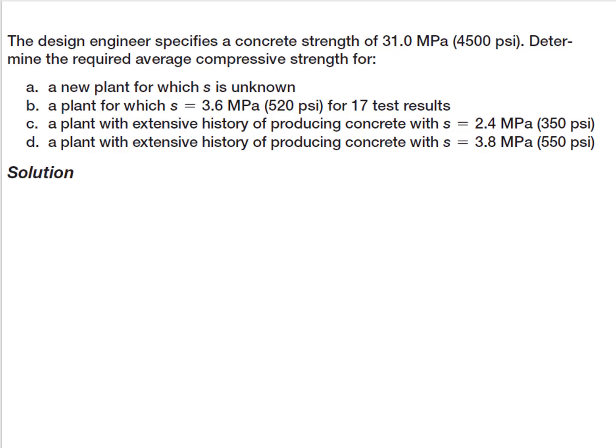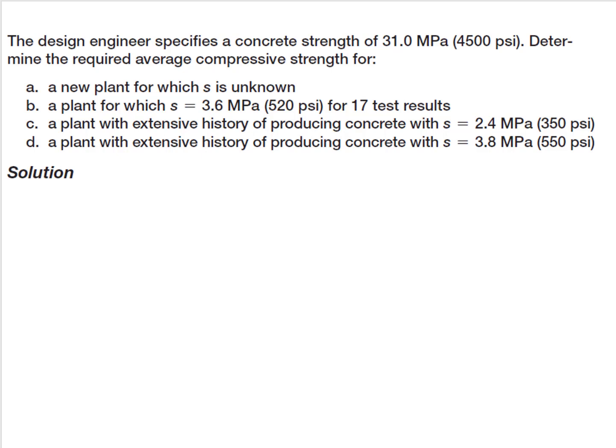And third case, a plant with extensive history of producing concrete with S equal to 2.4 MPa. And the last case, a plant with extensive history of producing concrete with S equal to 3.8 MPa.